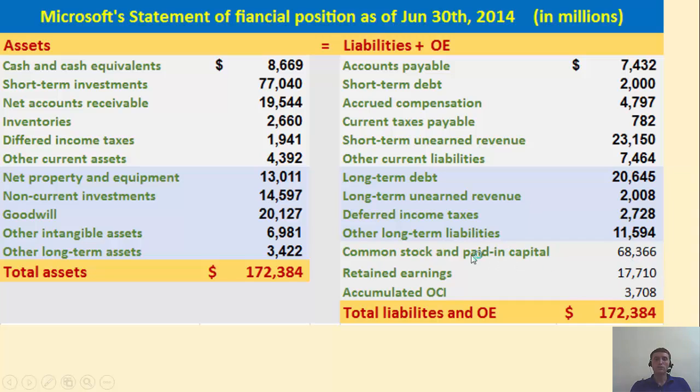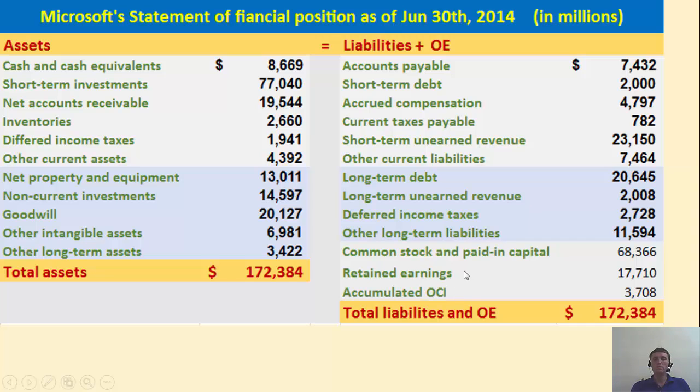Okay, so certainly there is a claim by the owners of the firm on the assets of the firm. And these are usually categorized as common stock and paid-in capital for a corporation. So this is actually the money that the company has acquired by issuing stock. In addition, the company has made profit over time.